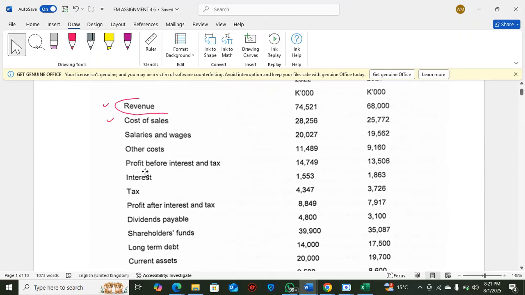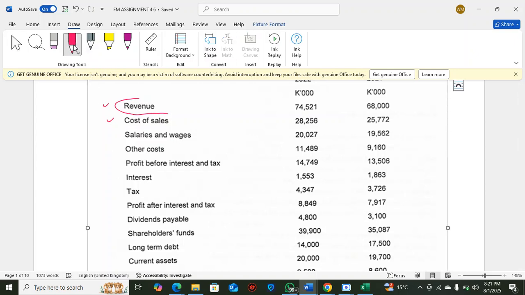We've been given profit before interest and tax. So this is our operating profit, or earnings before interest and tax. This is the operating profit.